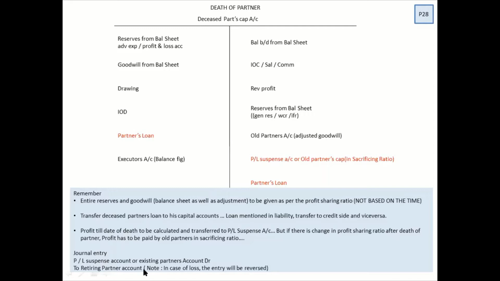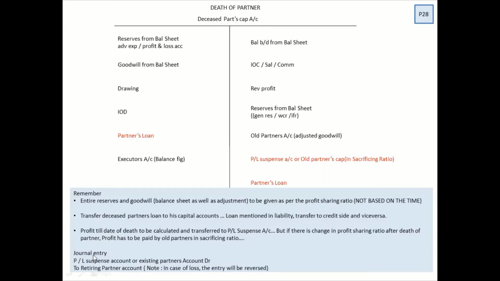This year, that is 2020 and 2021, CBSE has removed the capital account as well as one more account, that is the executor's account. So ideally there is nothing left in this chapter as such to discuss. So what is the reason why I am teaching you this? Because there is a high chance that they will ask journal entries.